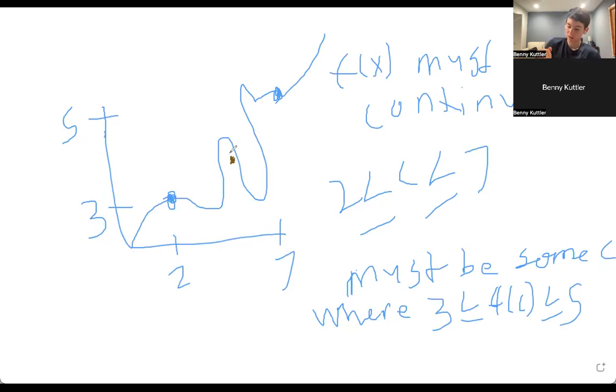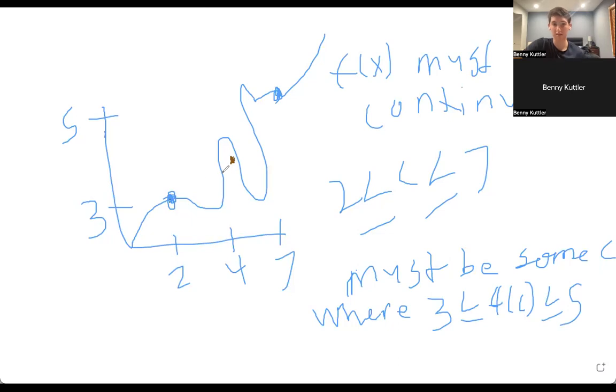As long as it's continuous, there is some value at, let's say c is 4, so probably around here. There has to be some value where f of c is equal to every single number in between here and here. So it has to be a 4, a 2.5, everything.